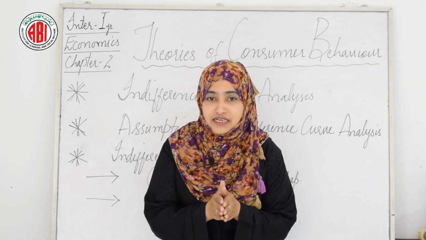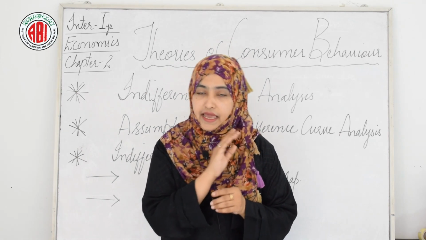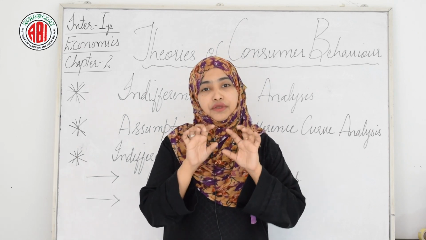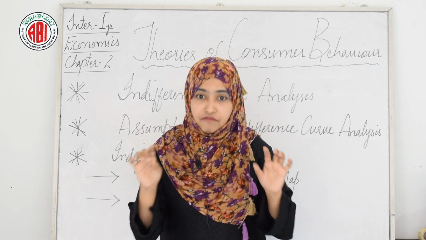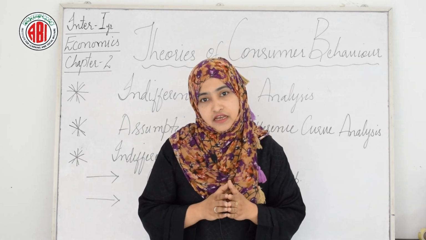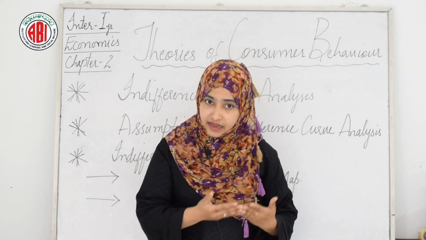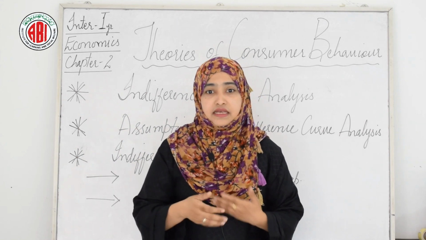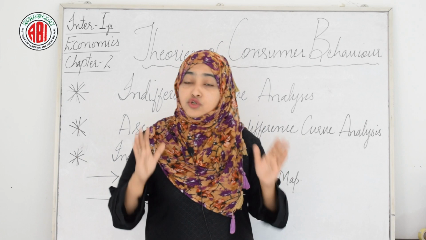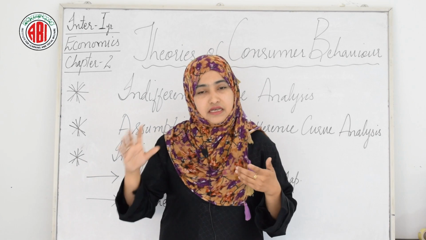Here the consumer's utility at point A on the IC, with 1 unit of good X and 15 units of good Y, is equal to the utility at point B with 2 units of X and 11 units of Y. Get it? Similarly at point C with 3 units of X and 8 units of Y, and so on. So these combinations give the same level of satisfaction to the consumer, by joining the points A, B, C, D, E and so on.